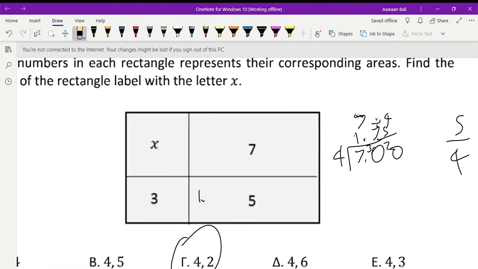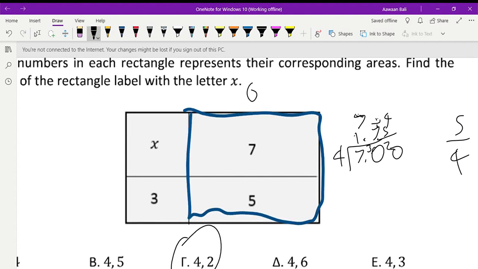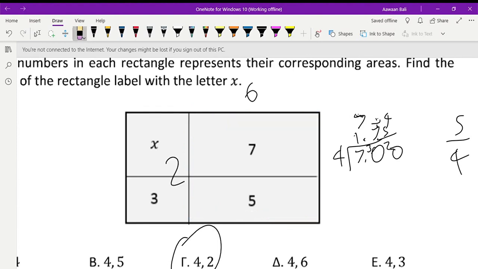Okay, now we're going with another way. So we have this rectangle. We say 6, 2. Because actually, it doesn't exactly have to obey the rules, if you know what I mean. No. I am thinking something else.